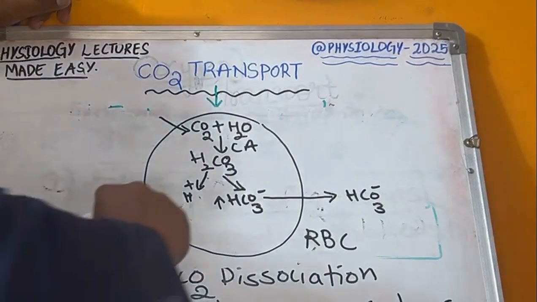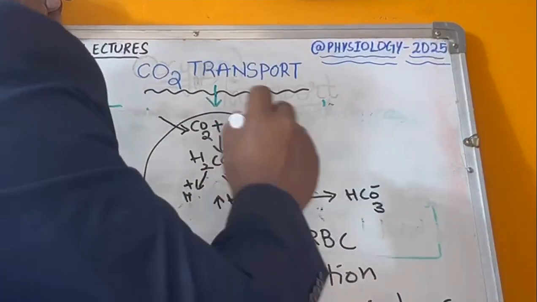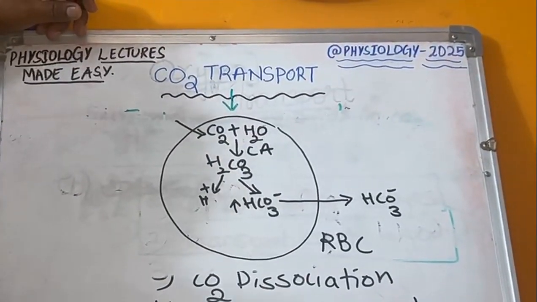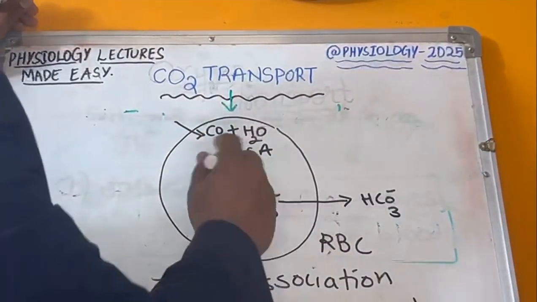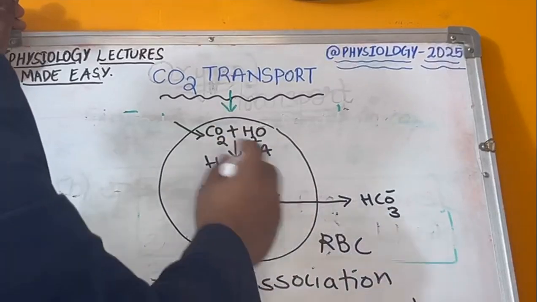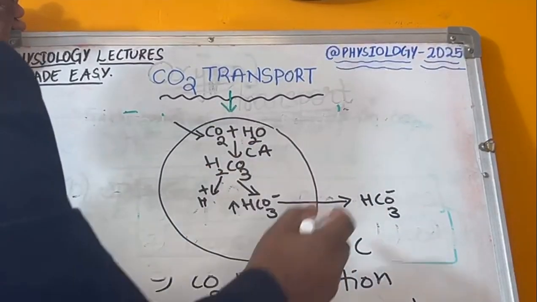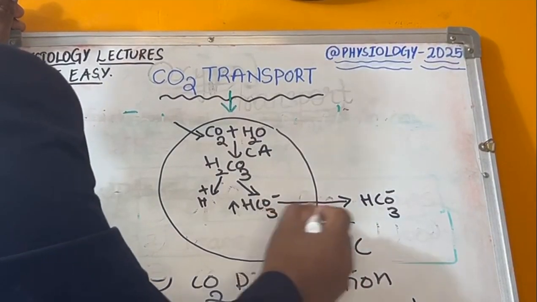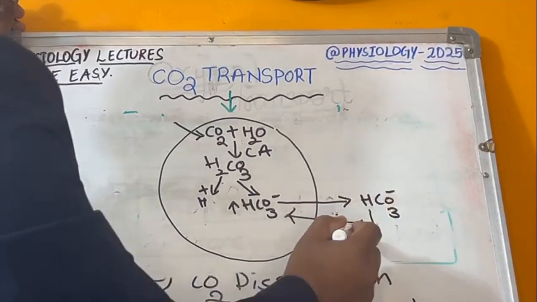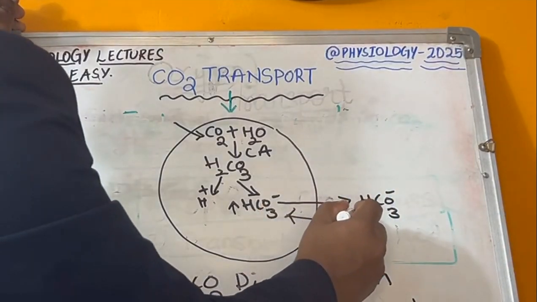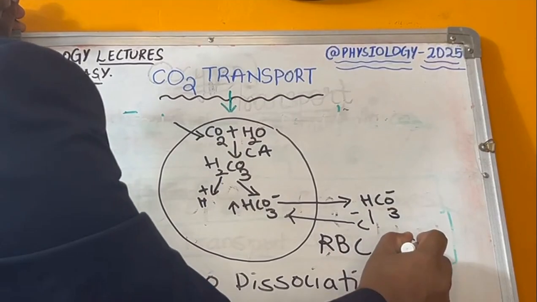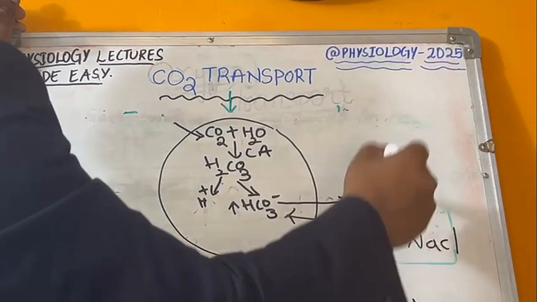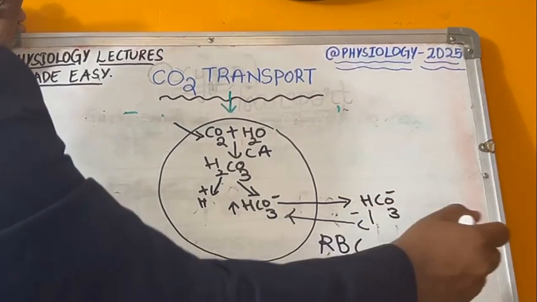So when we lose negatively charged particles from inside the RBC, to maintain the electrical balance, chloride ions, which are negatively charged, enter from the plasma. This comes from sodium chloride in the plasma, which dissociates into sodium and chloride.